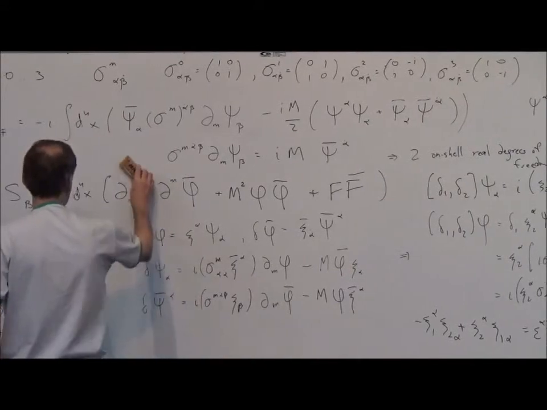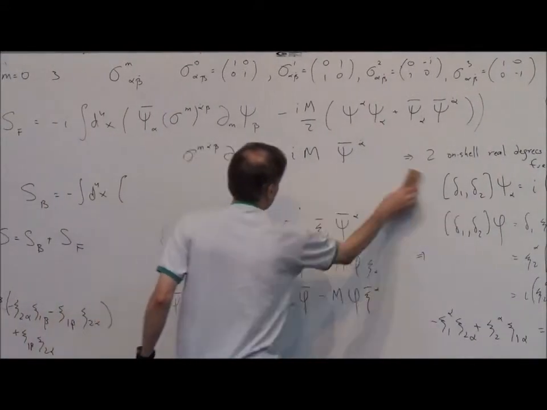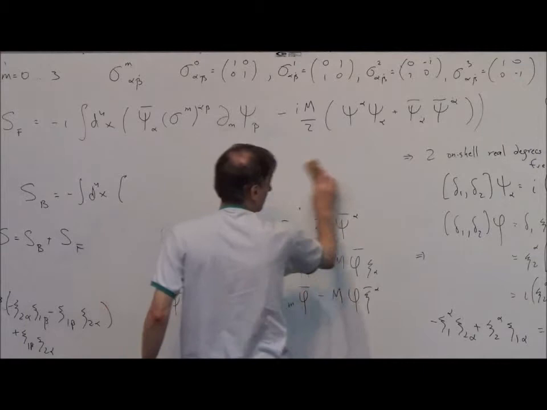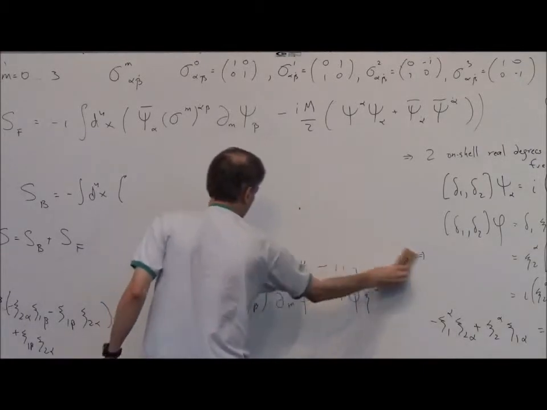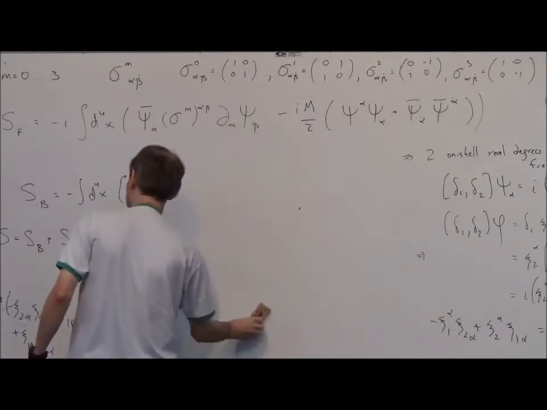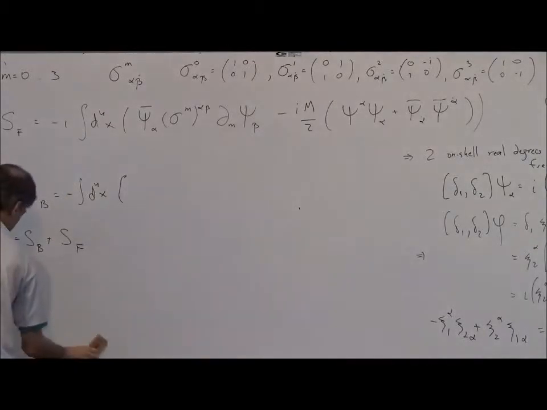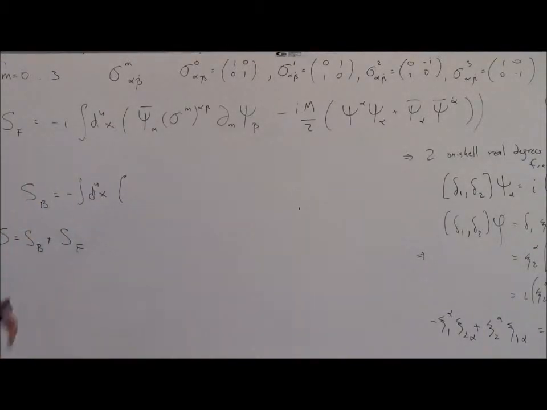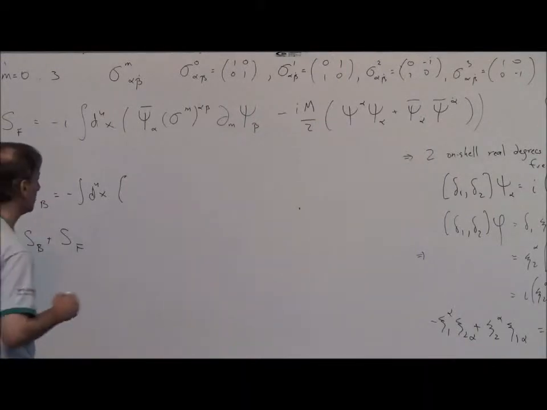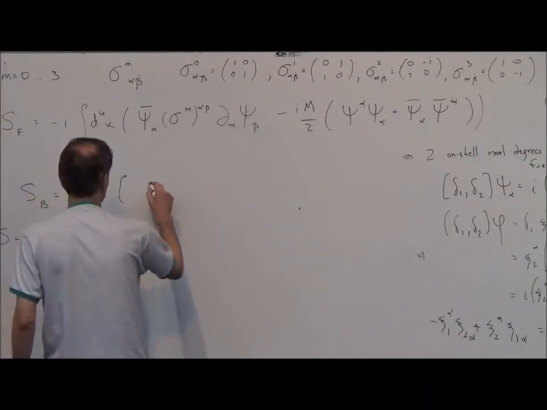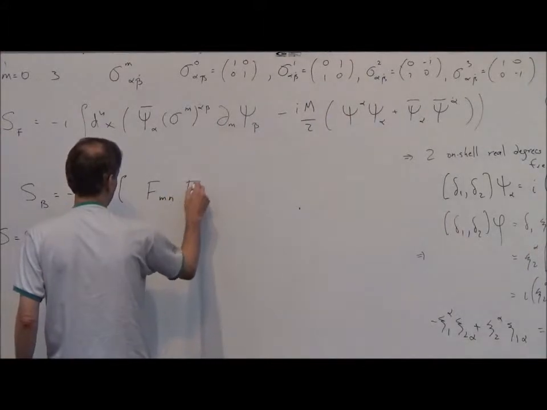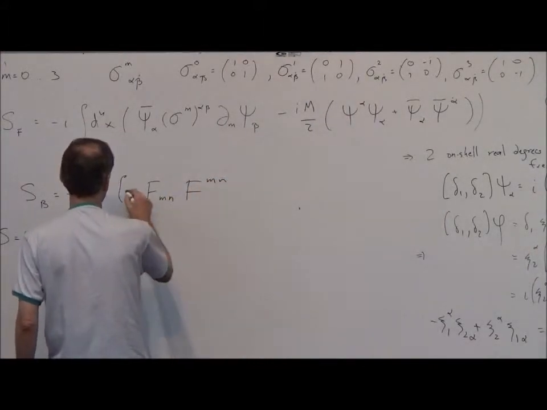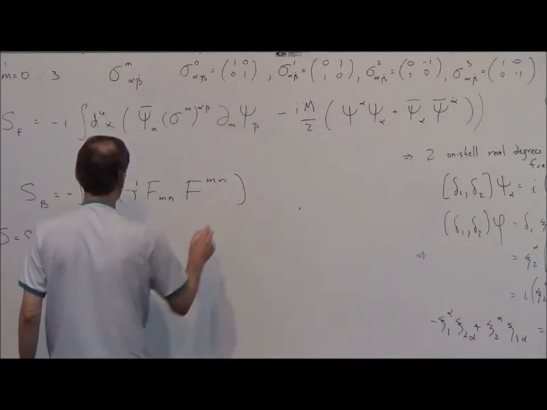Now we can do a second example in which we still have the spinor, but we're going to have a vector, a gauge field. Of course, in 4 dimensions, a massless vector has 2 degrees of freedom, because the photon has 2 degrees of freedom. So another supersymmetric action we can construct is just F_MN F^MN.